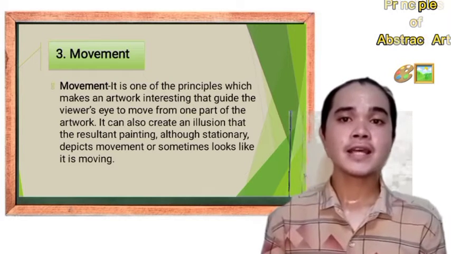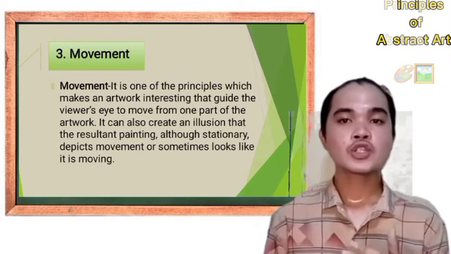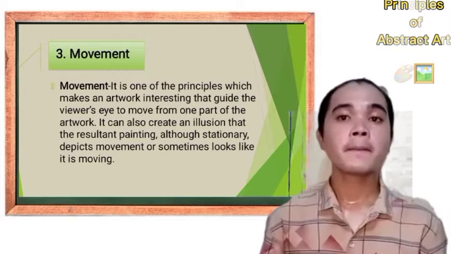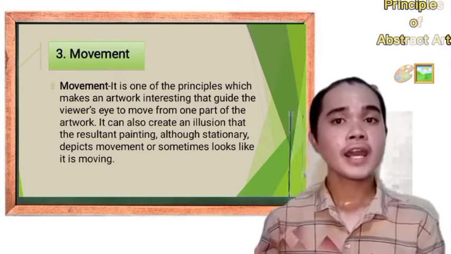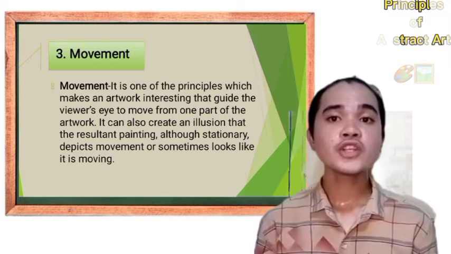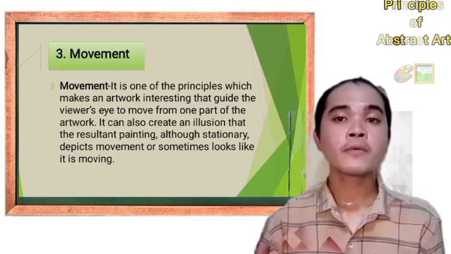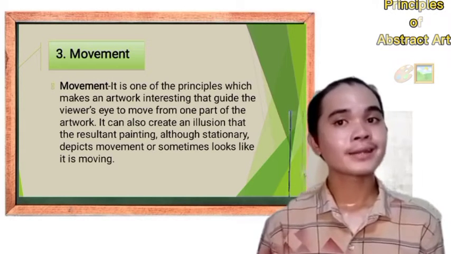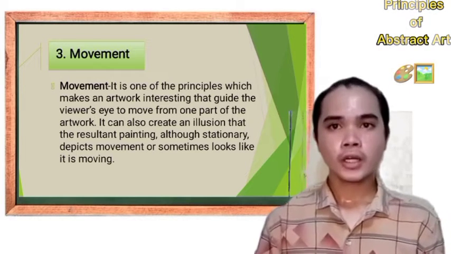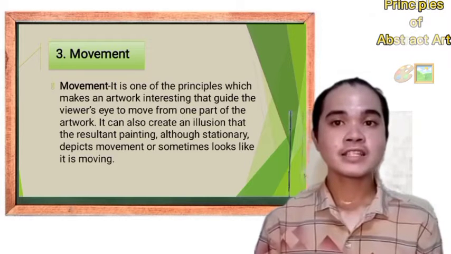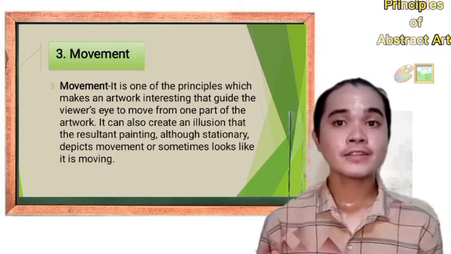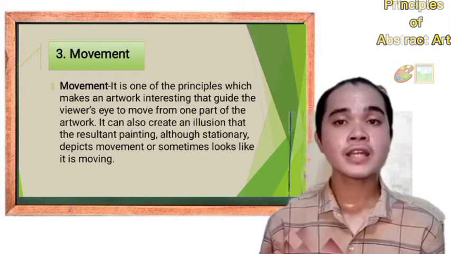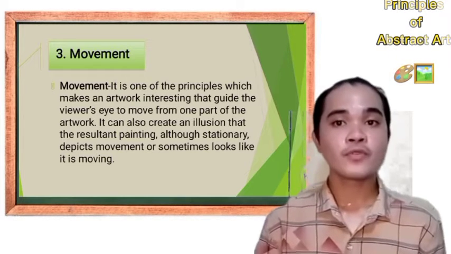When a person sees an artwork, his eyes usually roam over the painting. An impression created in the artwork which depicts action or motion is called movement in art. The artwork which we create is motionless and cannot move, but we can make it so that it gives the viewers the impression that it is moving.